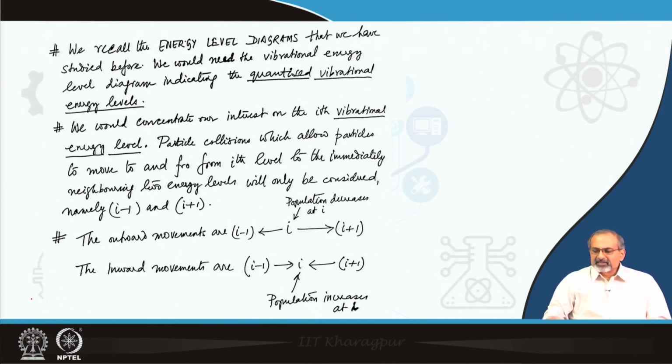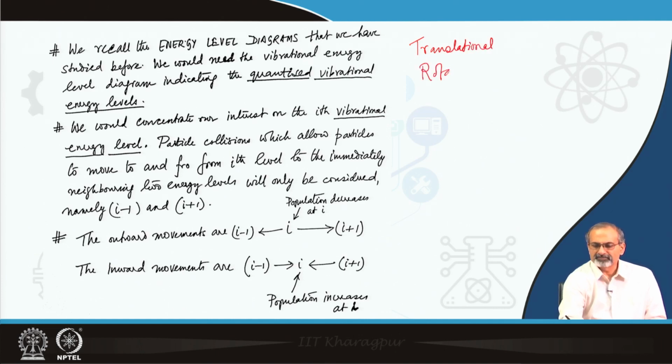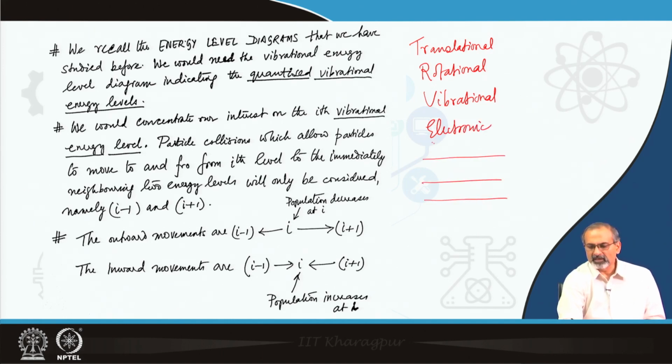We recall the energy level diagrams. We had drawn them for all possible energy modes: translational, rotational, vibrational, as well as electronic. And in general, all of them looked like a set of stairs.